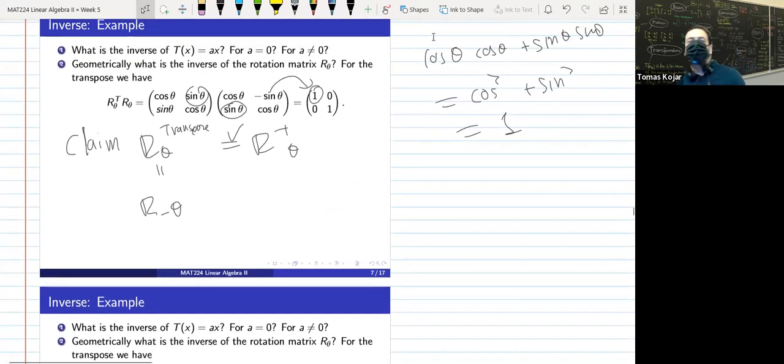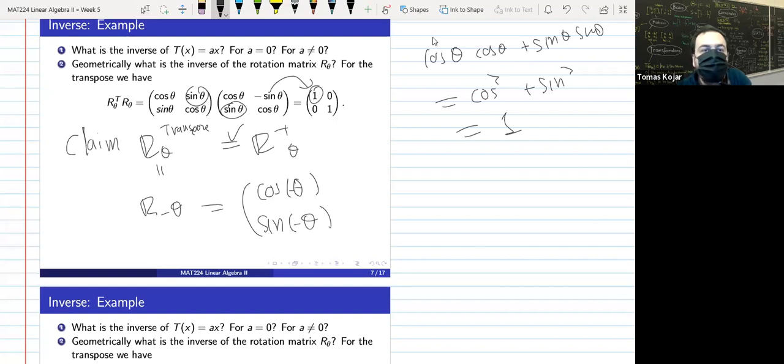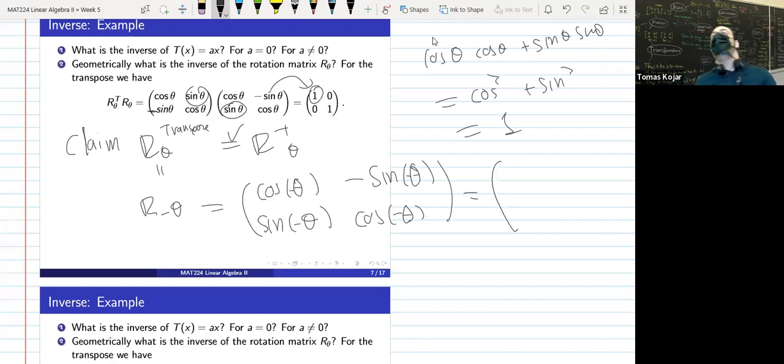All right. So what is r of minus theta? You have cosine of minus theta, sine of minus theta, and what else? Minus sine of minus theta, and cosine of minus theta. What do we know about cosine of minus theta?